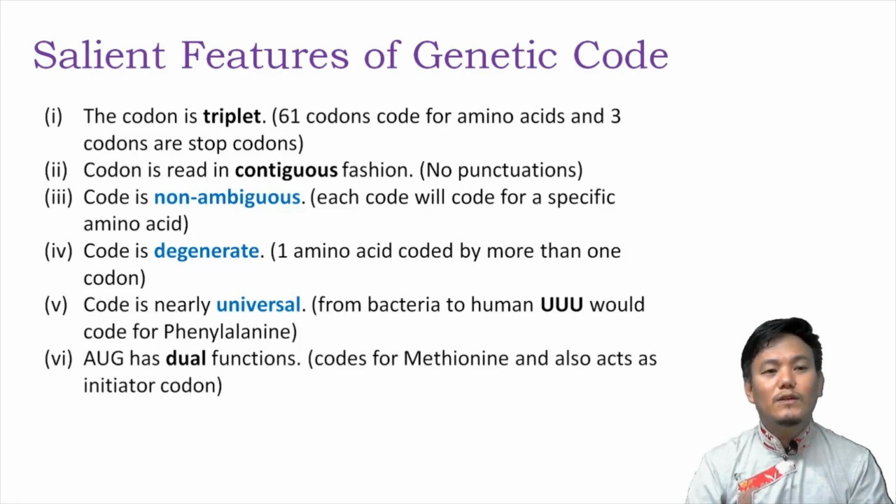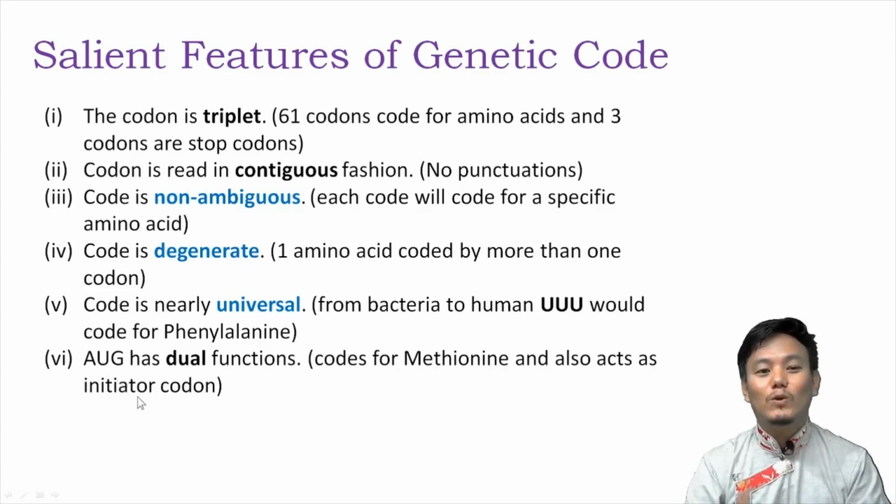The sixth salient feature is about one specific codon, AUG. AUG is said to have dual function. It codes for the amino acid methionine, and not just that, it also acts as the initiator codon.